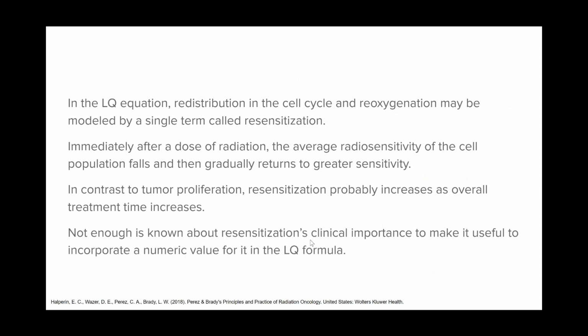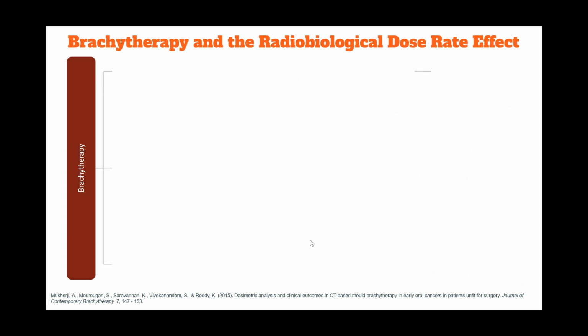Now, we do not know much about resensitization's clinical importance to put it actually into the LQ formula. So this is basically where the limitation of the LQ formula comes, but it's very handy in clinics, so we use it anyway.